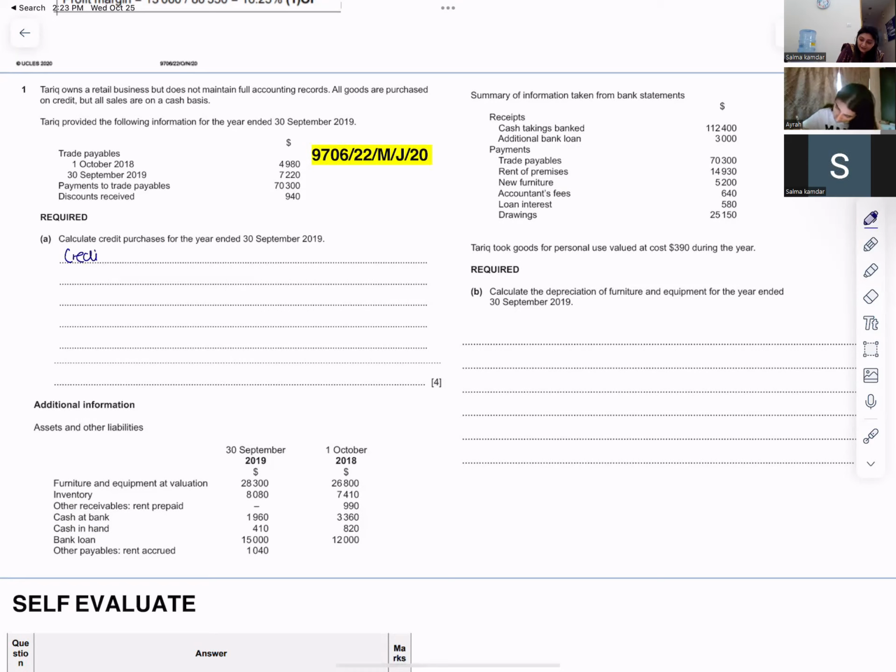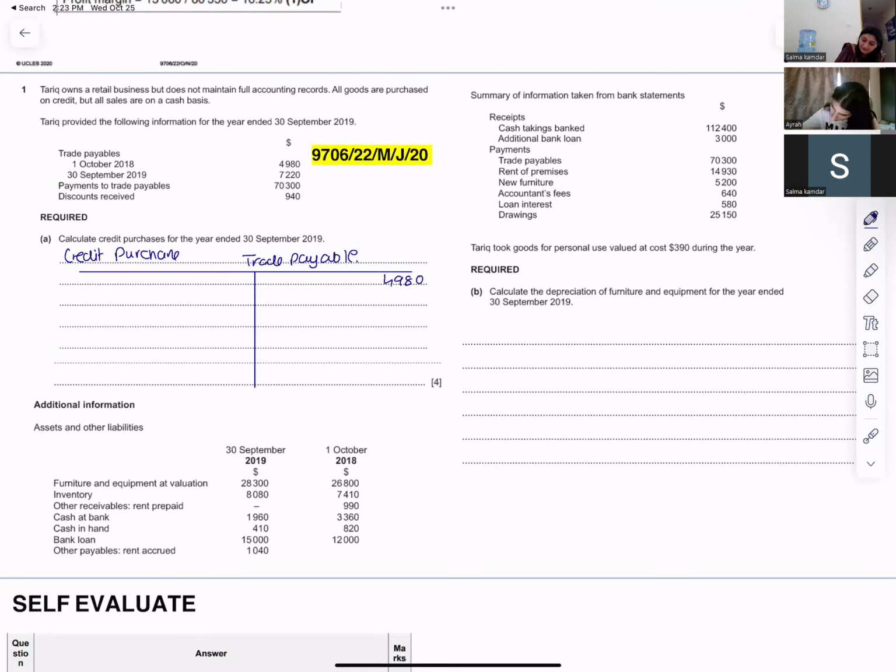So credit purchases. To find the credit purchases, I will make the PLC account, or we could also say it's a trade payable account. It always has a credit balance, so the opening balance is on the same side.